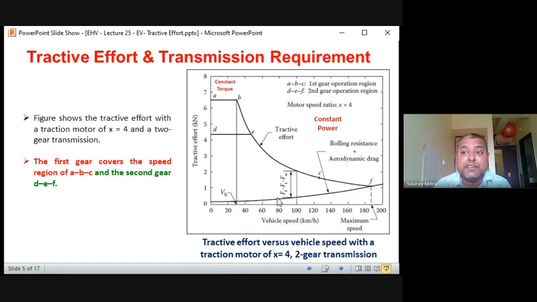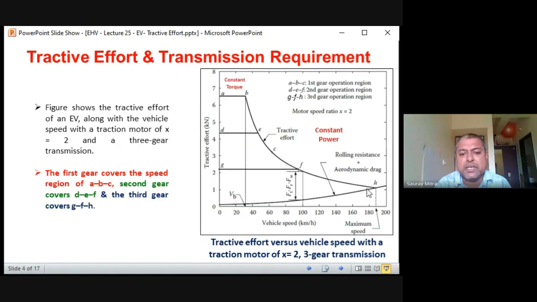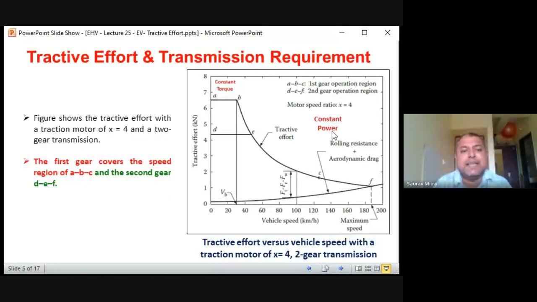But the net tractive effort, that is FT minus all the losses, because this is a graph where losses are increasing. In the previous graph also losses were increasing. So as losses increase, net tractive effort, that is FT minus FR minus FW, reduces. That's why the torque is also reducing, but the vehicle speed is increasing and power remains constant. So this is the second system.